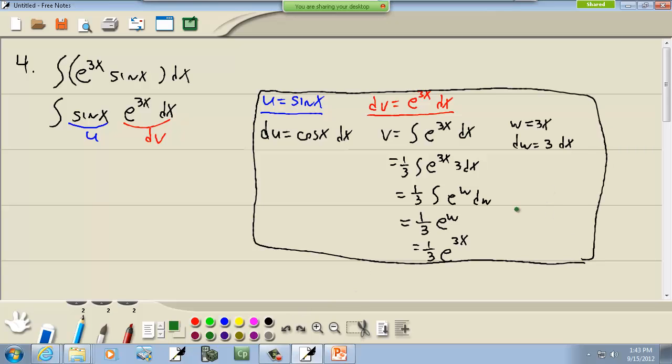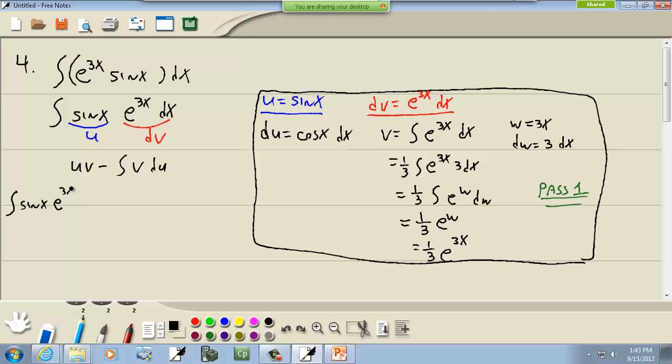Pass 1. Okay, so our formula says uv minus the integral of v du. I hardly have room here, but I'll squeeze it in.